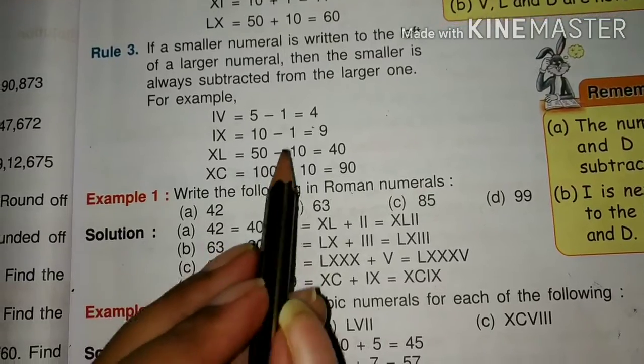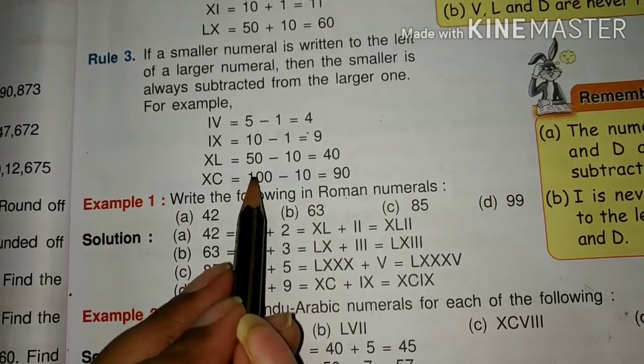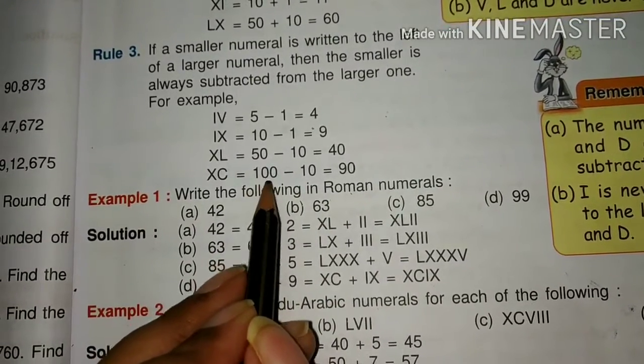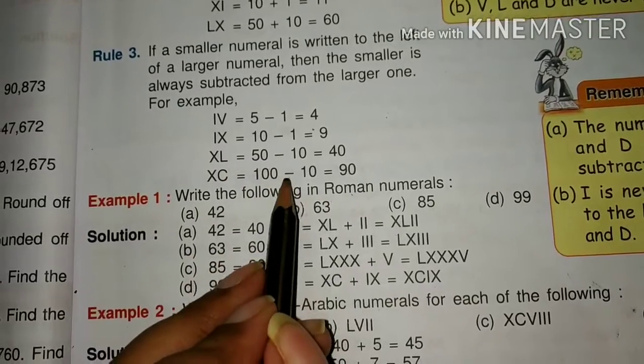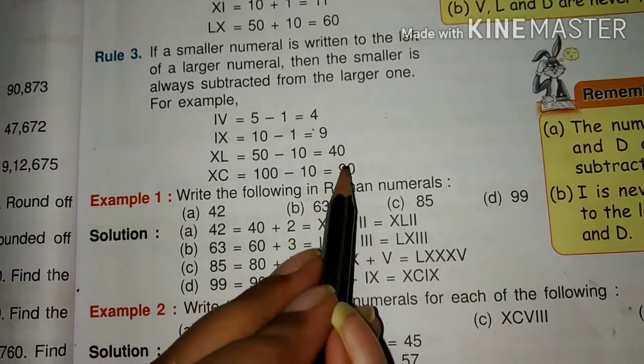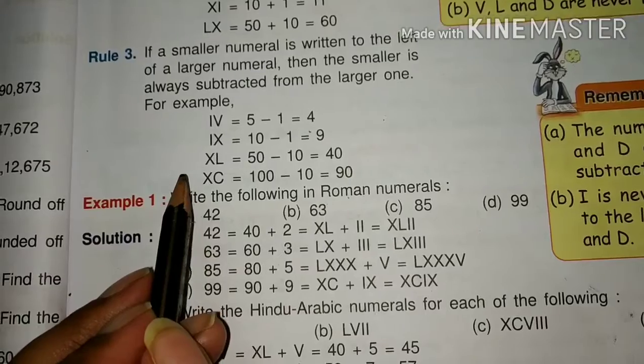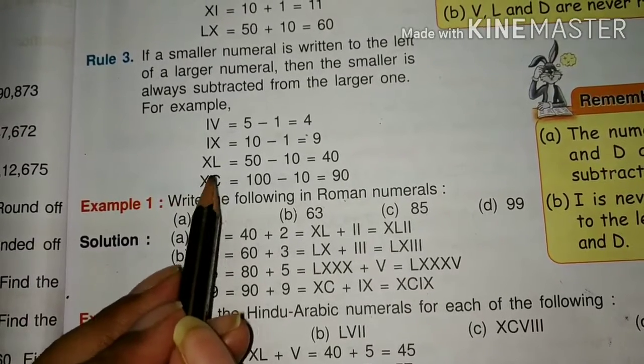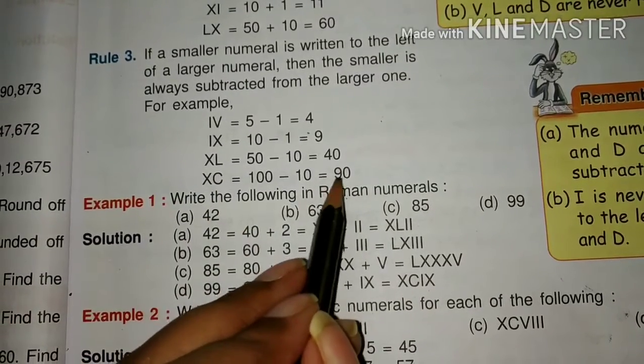So students, 10 is subtracted from 100. So 100 minus 10 is 90. So students, value of XC is 90.